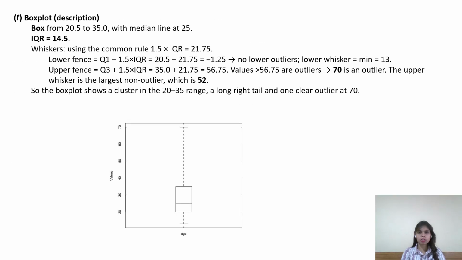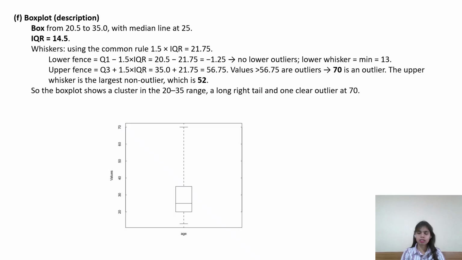Box plot description. Box from 20.5 to 35 with the median line at 25. IQR equals 14.5. Whiskers using the common rule: 1.5 times IQR equals 21.75. Lower fence equals Q1 minus 1.5 times IQR, 20.5 minus 21.75, equals minus 1.25.